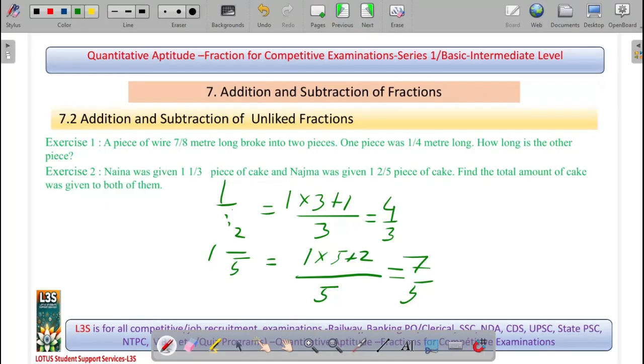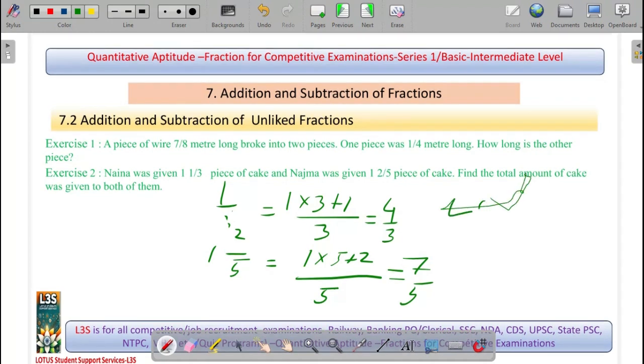So we have to add both. So we have to add 4 by 3 plus 7 by 5. We know LCM of 3 and 5 will be 15.